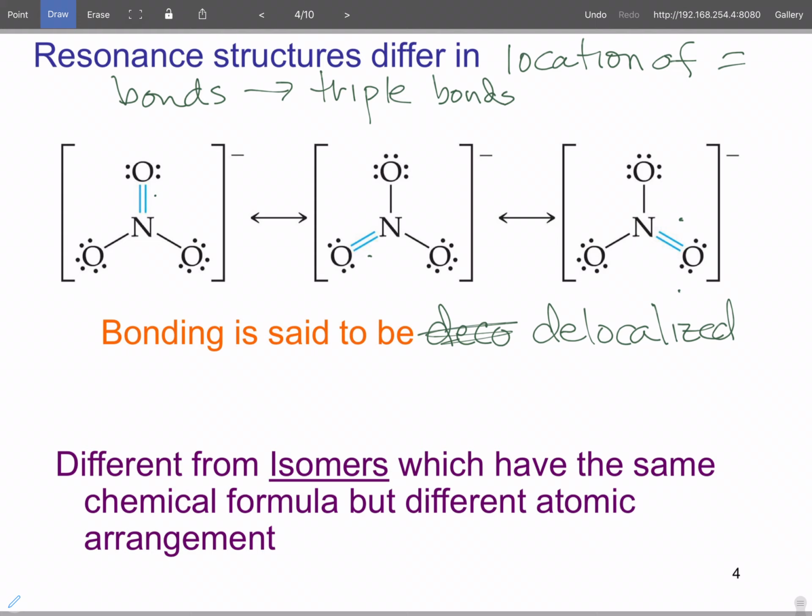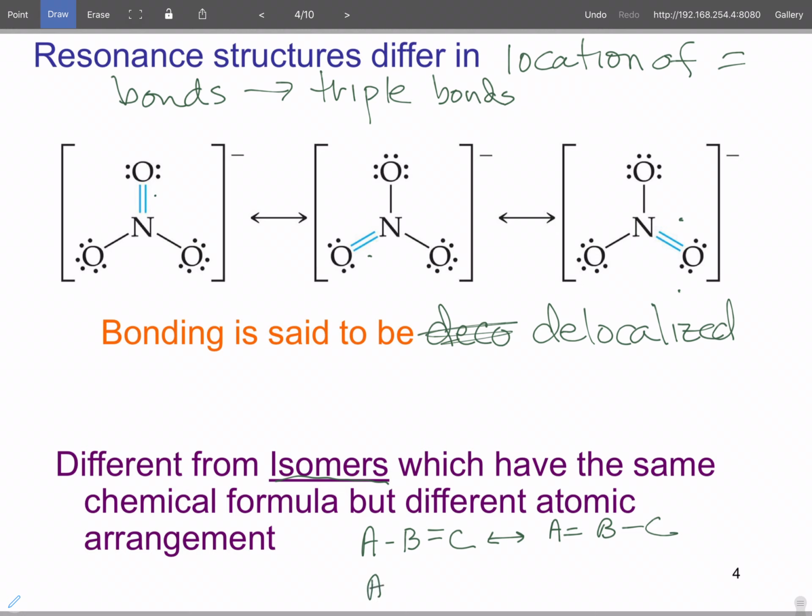Now, resonance structures differ from isomers, which have the same chemical formula but different atomic arrangements. So you actually move the arrangement. This is not a molecule, but if you have A, B, C, where B is the central atom, then a resonance effect is as if you have a double bond, A double bond B, C. That's a resonance.